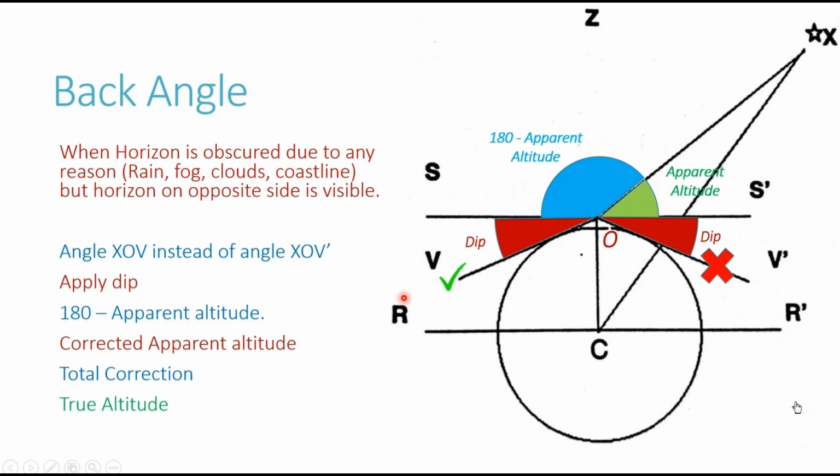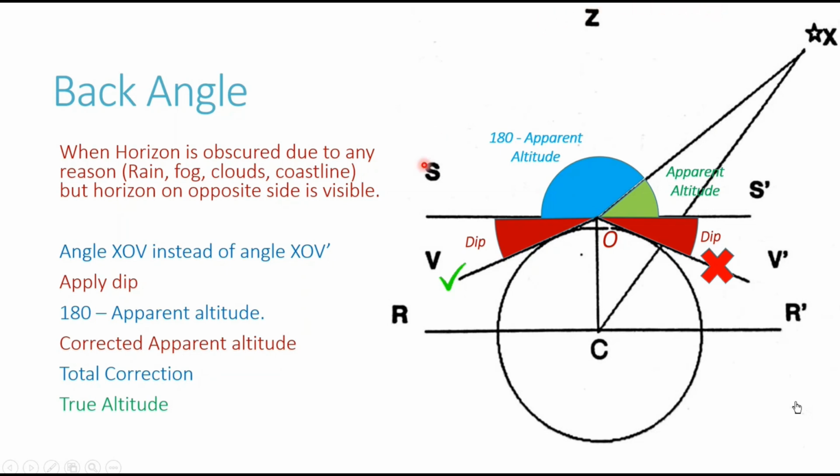Face opposite to the direction where the body is. The body will be at your back, and then you pick up the sextant, you bend backwards and you capture the body in the telescope of the sextant. As you move the sliding arm, you will see the body will start to move towards the horizon on the opposite direction.